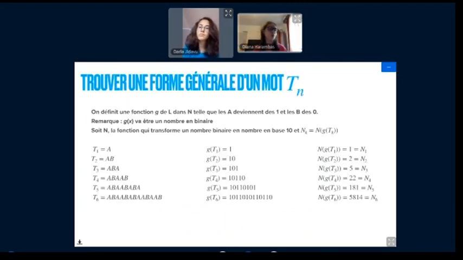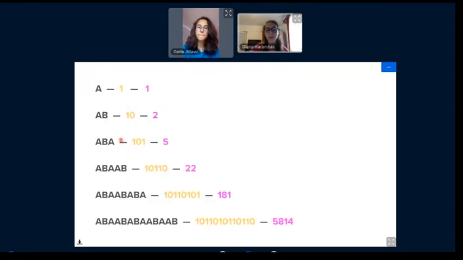Okay, so now we tried to find a general form of an element. So we defined a series of laws, functions, and arrays so that we can turn a word into a binary number by transforming A into 1 and B into 0. So as you can see here, A becomes 1, AB becomes 1, 0, ABA 1, 0, 1, ABAAB 1, 0, 1, 1, 0, and so on.